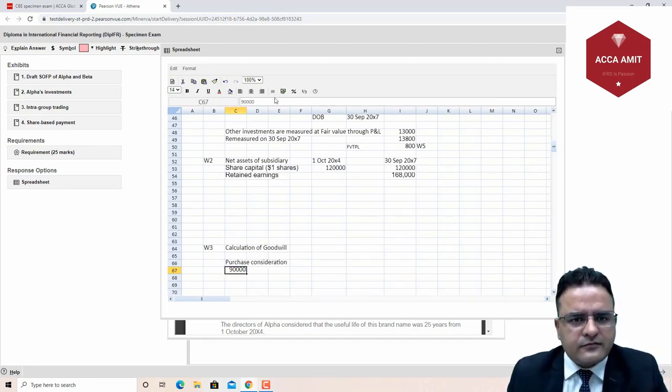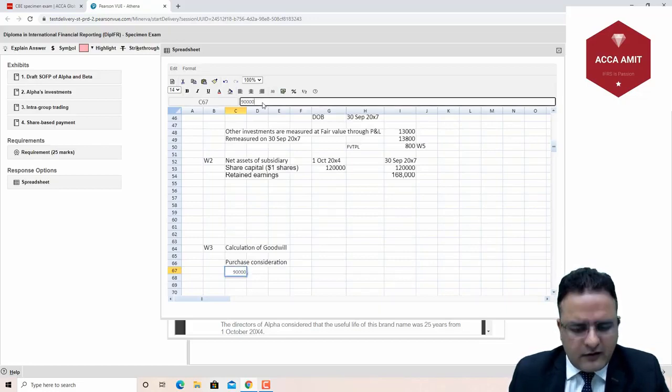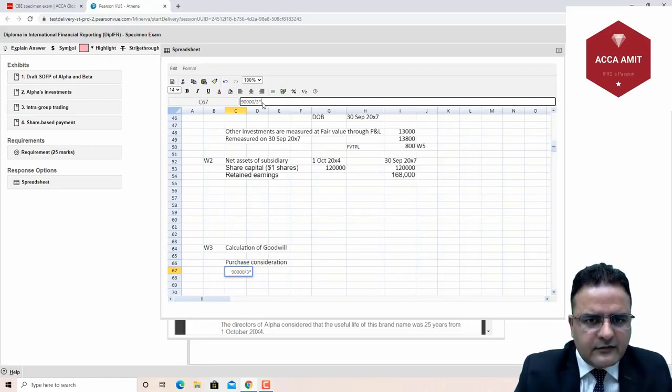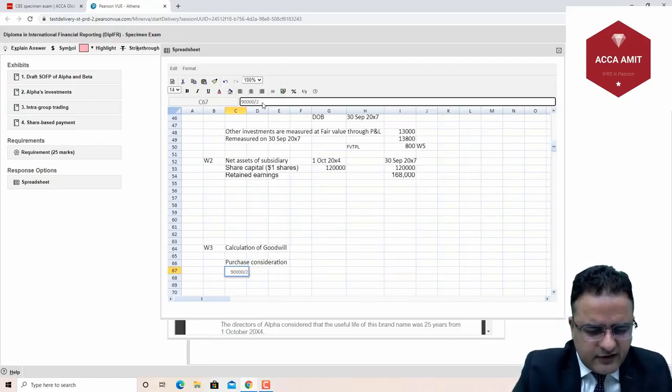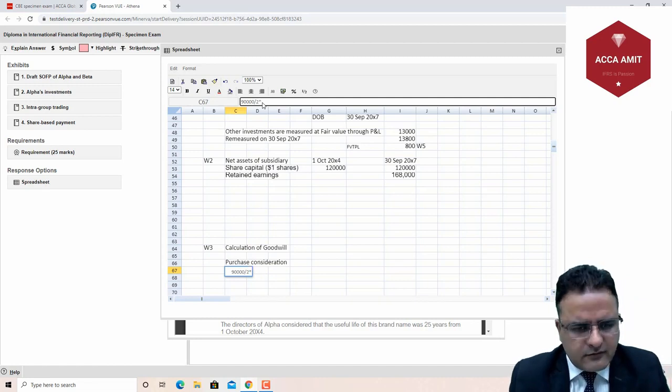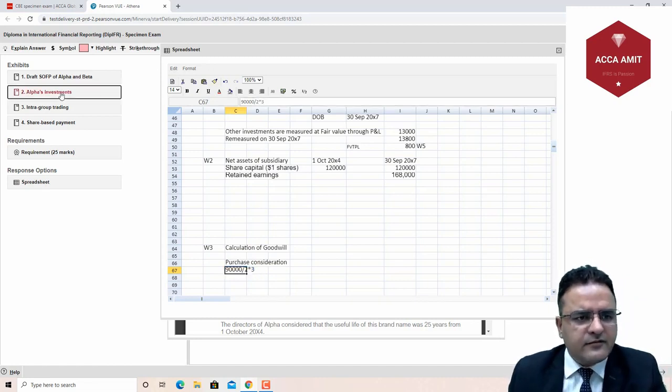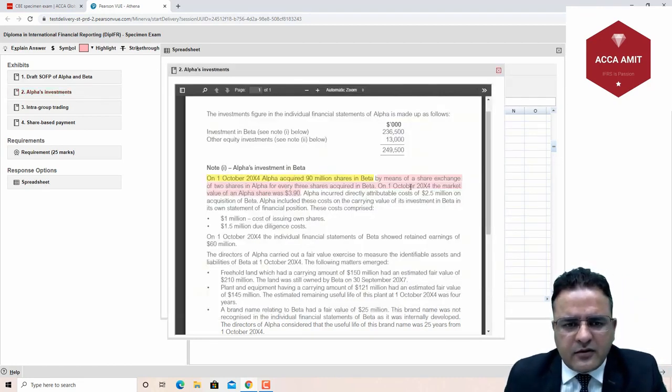Read it again: 2 shares in Alpha for every 3 shares acquired in Beta.